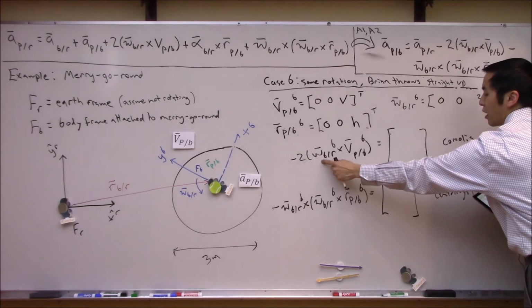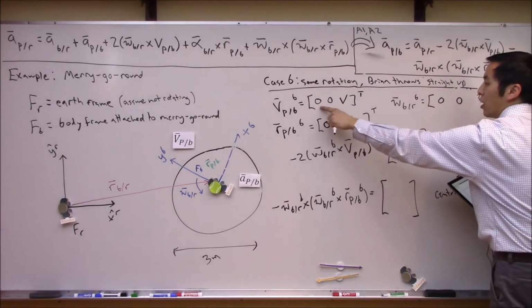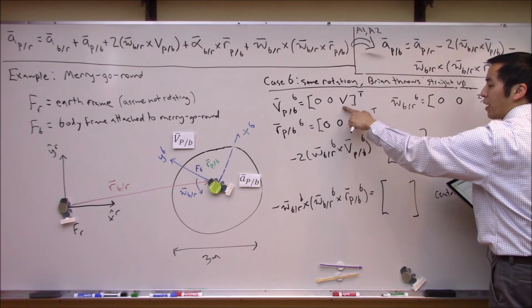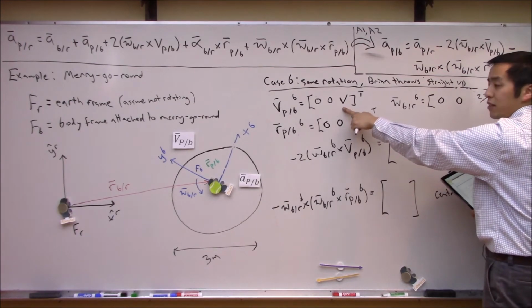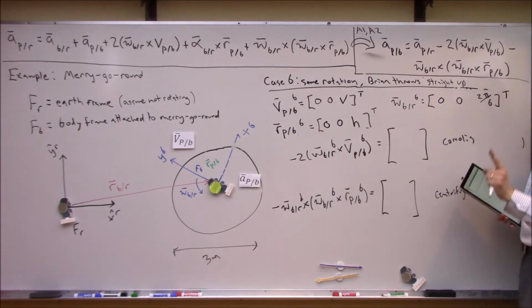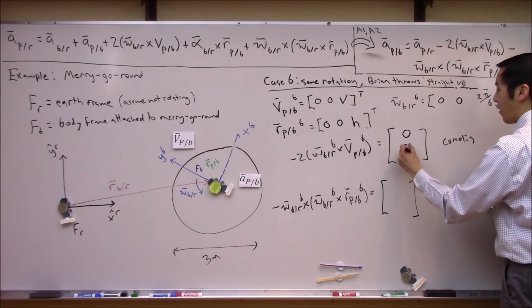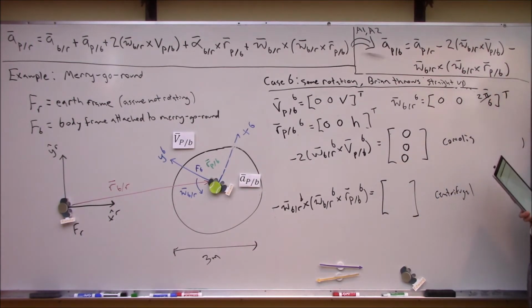What is this? Omega b with respect to r is something that's aligned and has only a component in the z-axis, right? Crossed with another vector, which, again, I don't know what the velocity is, but I know that it only has a velocity in the z-axis, right? So you've got two vectors which are perfectly aligned with each other. You take their cross product, and it's a big fat 0, right?